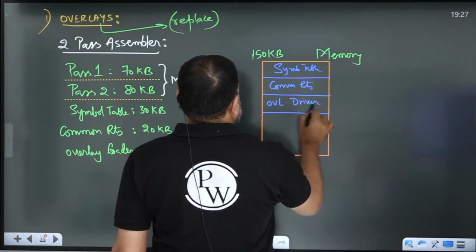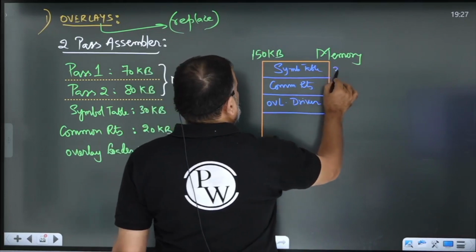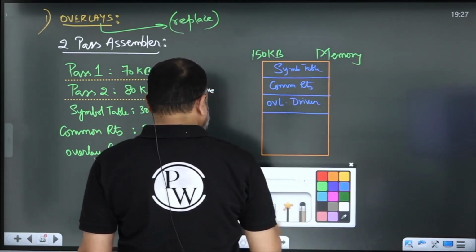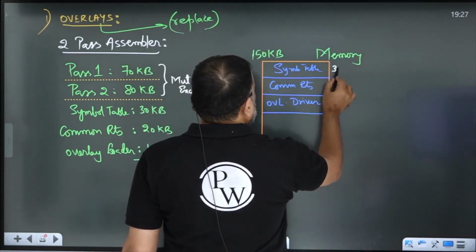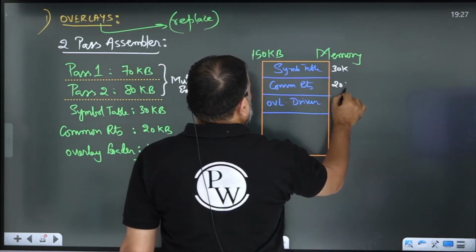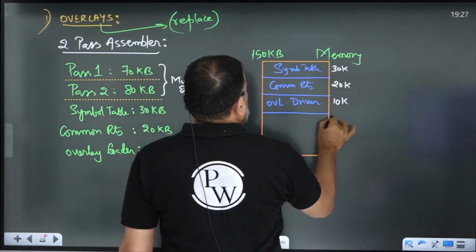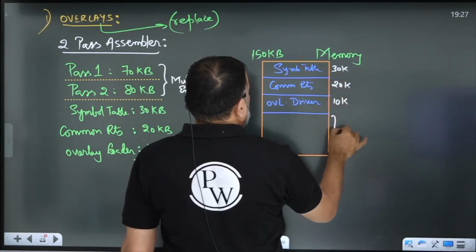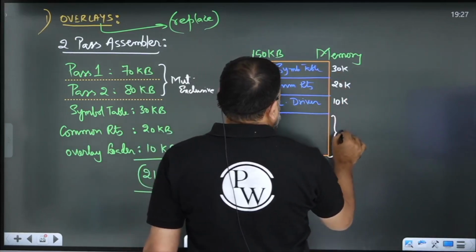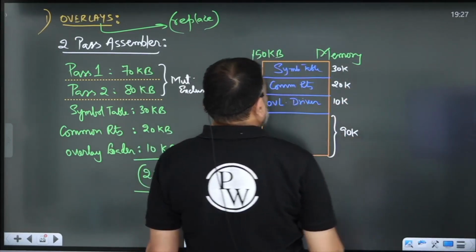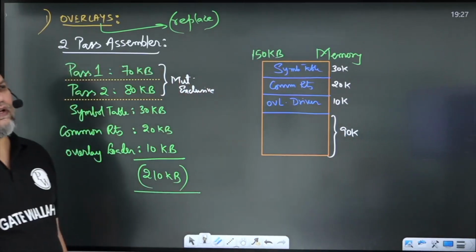Loader or driver both are same. These 30K, these 20K, these 10K. The remaining area, 150 minus 60, is 90K. 90 KB chunk of memory is free.